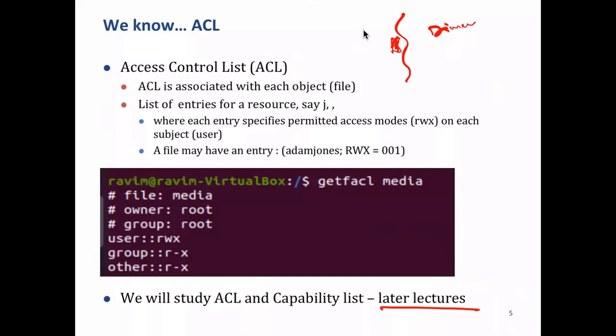The sentry is given a list of people who are allowed to come inside. So this list says that user 1, for example, has access to object 1, which could be, for example, non-veg dinner. User 2 has access to, say, veg dinner, and user 3, like me, will have vegan dinner.